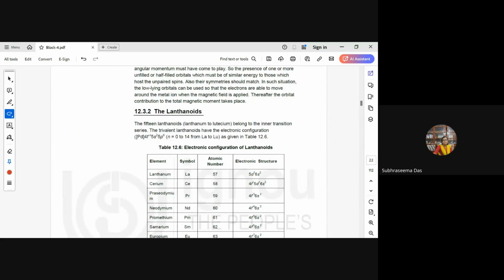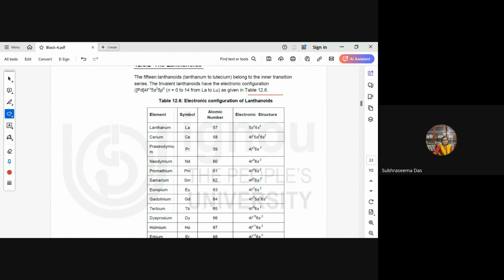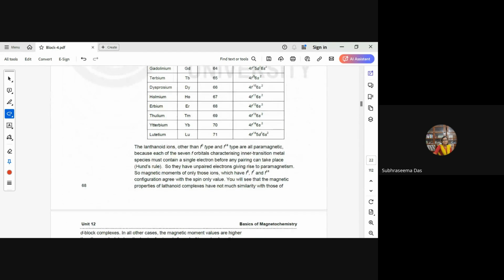Then coming to the lanthanoids. In the lanthanoids, we know that the last electron enters the f orbital. In table 12.6, the electronic configurations of the lanthanoid elements are listed.